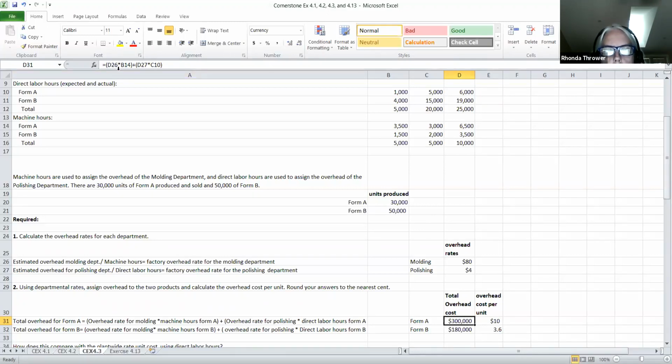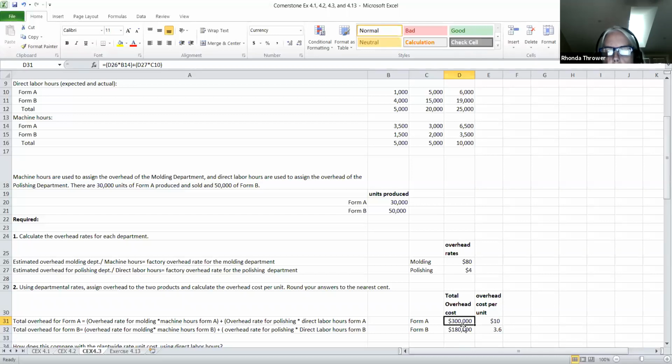This is where I'm getting the information. The overhead rate for the molding comes from D26. The machine hours come from B14. Multiply those, and then add the overhead rate for polishing times the direct labor hours for Form A. And that's how you get the total overhead cost.